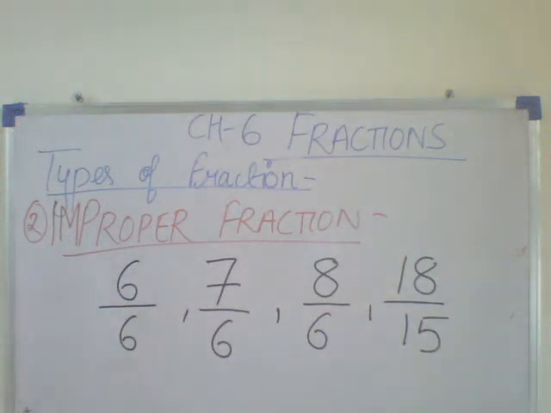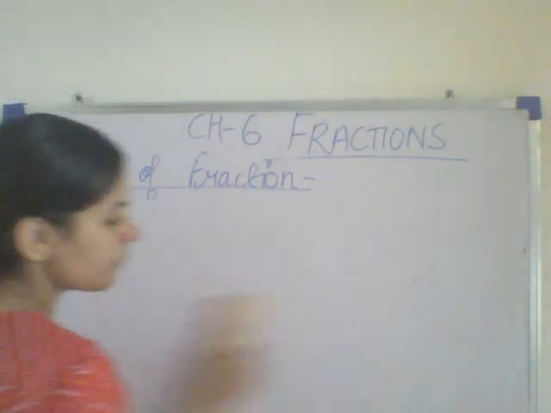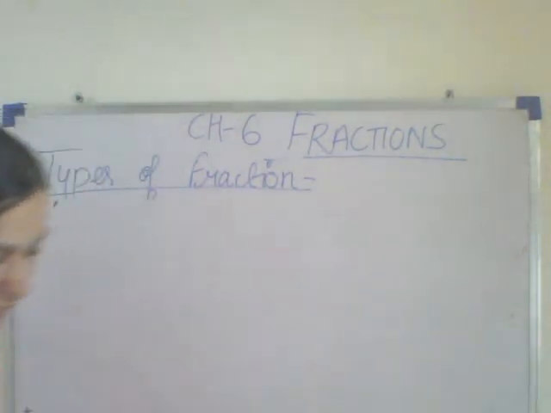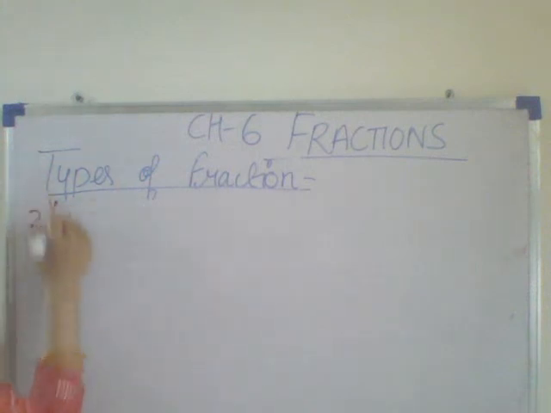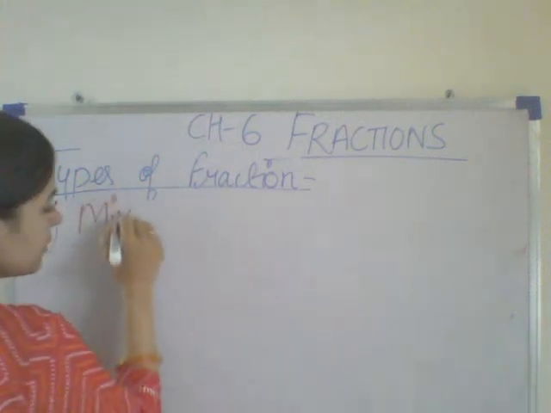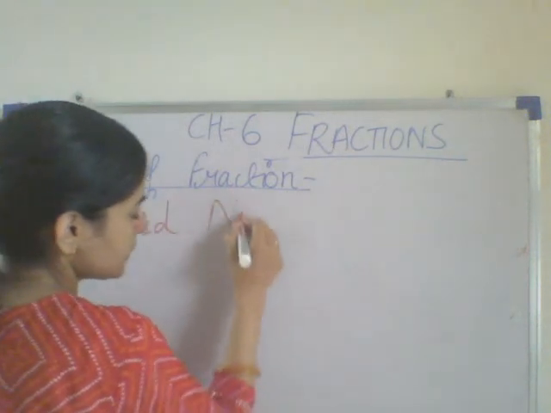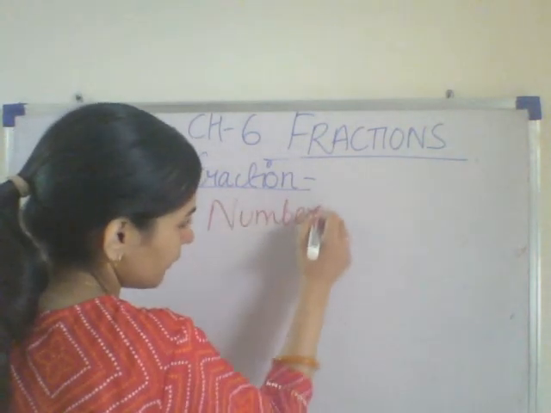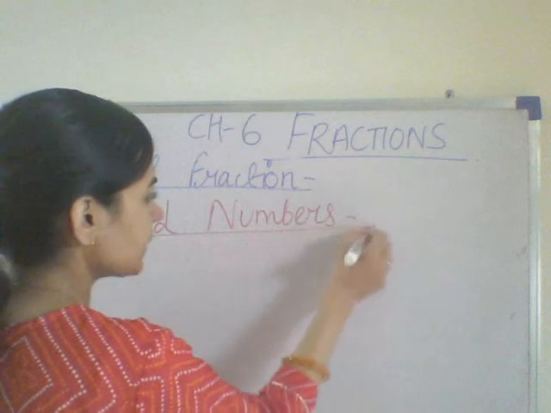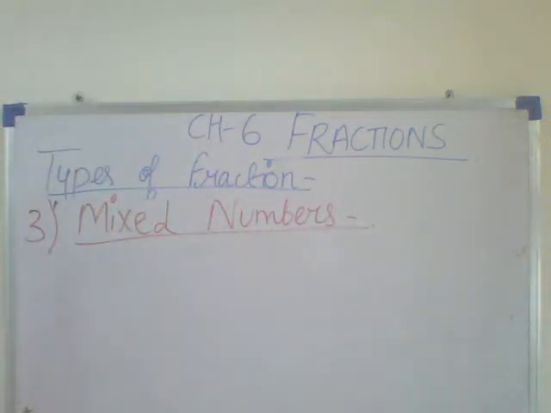Now next are the mixed numbers. The third one is the mixed number. So what are mixed numbers? A mixed number has a whole number, except 0, mixed with a fraction.